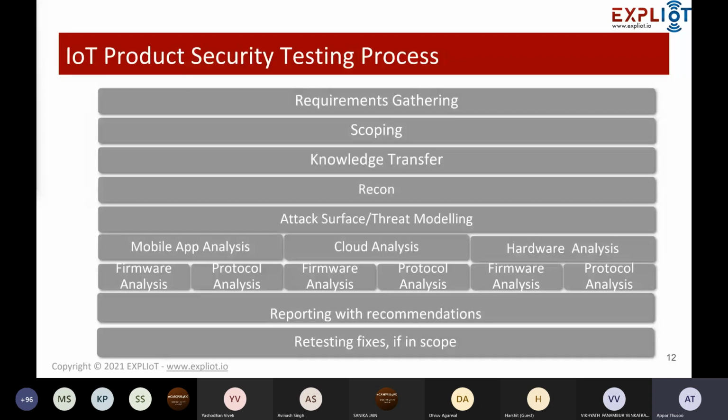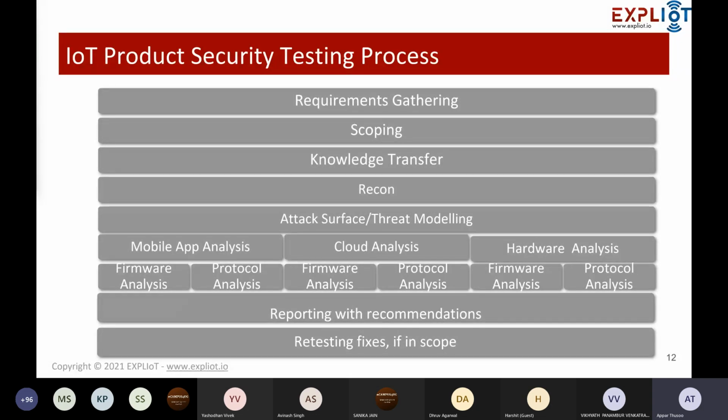Then just a quick flow on how the IoT product security testing process goes on. So this is an insight of how we do it here at Payatu and Exploity. You have the requirement gathering phase where we first try to understand what the requirements are from these different device product companies.